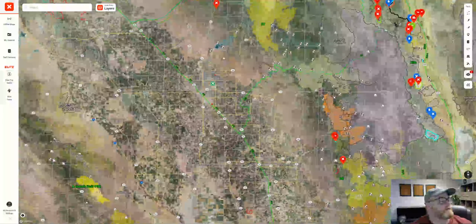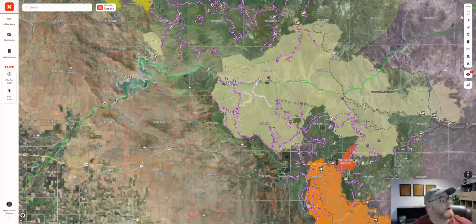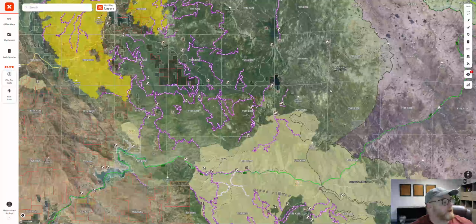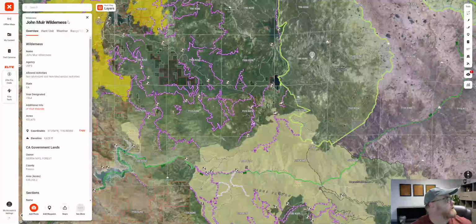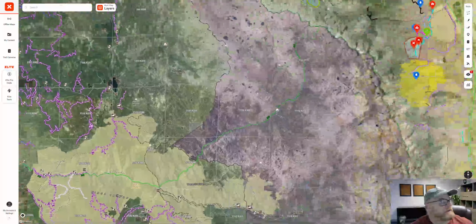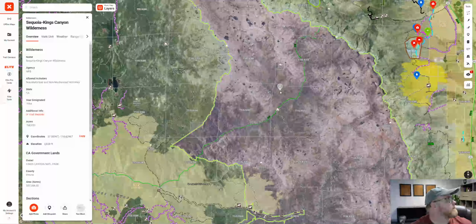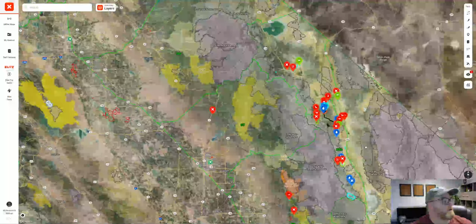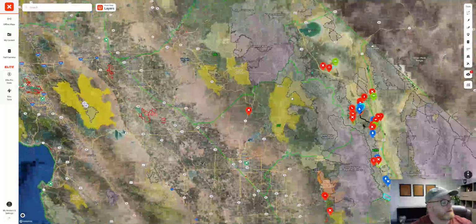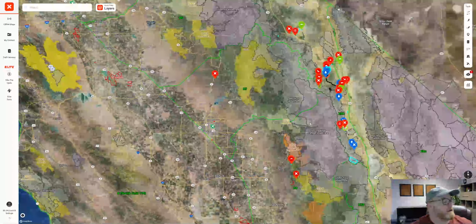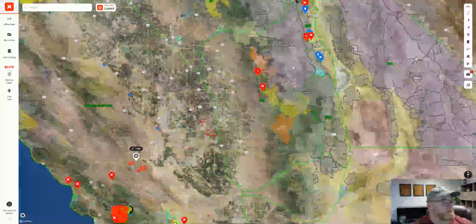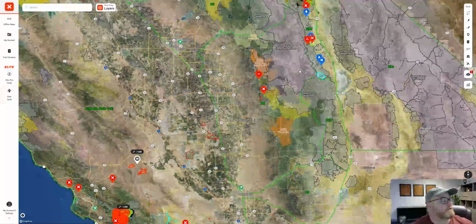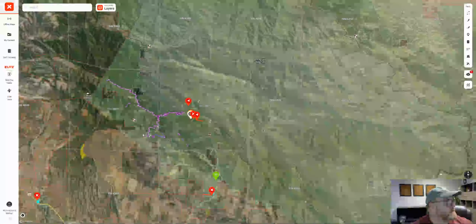Let's say that you're out hunting, and so there's this national forest here, which is the John Muir Wilderness, but then there's this national park. Where's the national park? There's Yosemite and Sequoia, a national park to avoid trespassing, right?